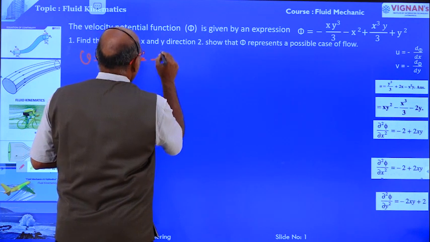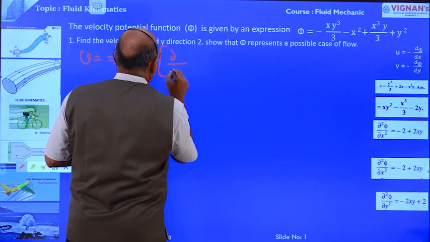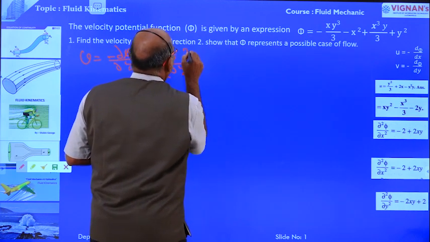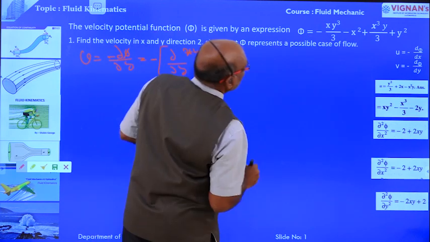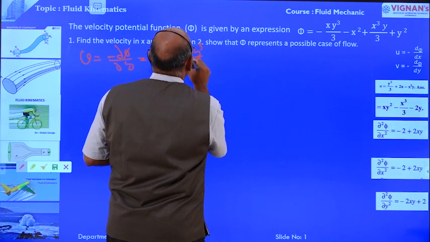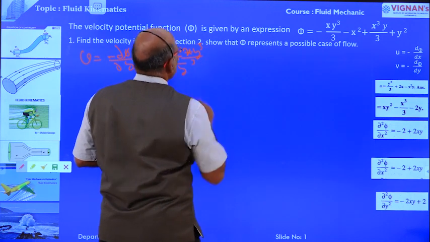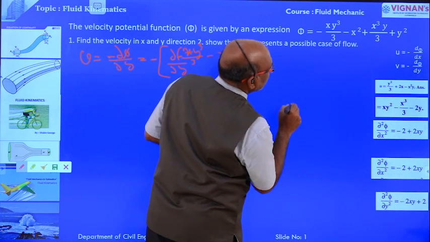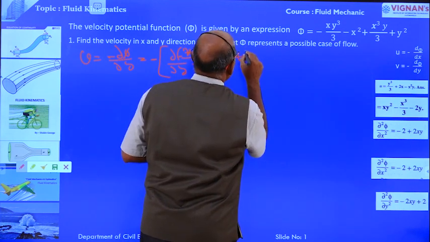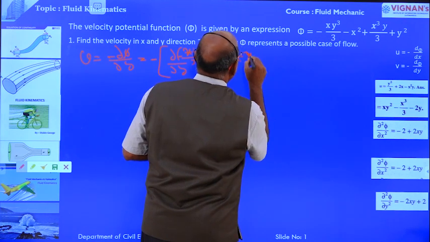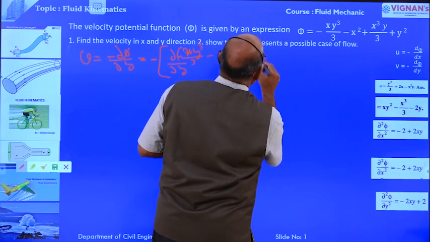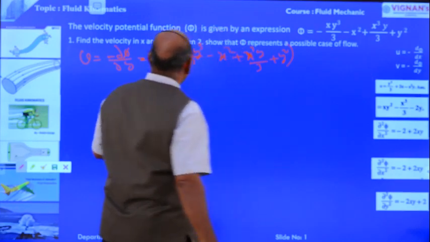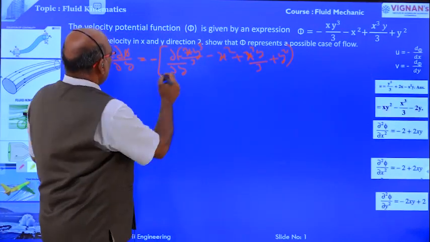Now minus of dou by dou y of what is the pi value? x y cube by 3 minus x square plus x cube y by 3 plus y square, right? This is the pi value.